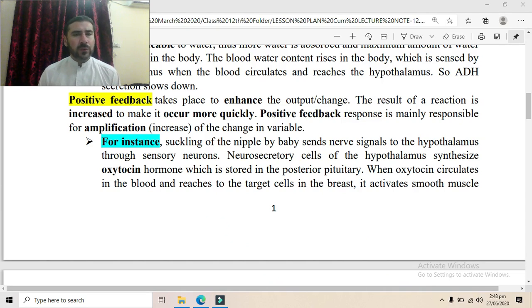The hormone oxytocin is circulated through the blood. When it reaches the breast, it acts on the target cells of the breast. The mammary glands are there in the breast, and they are for milk production and release. For each nipple, there are 12 ducts.